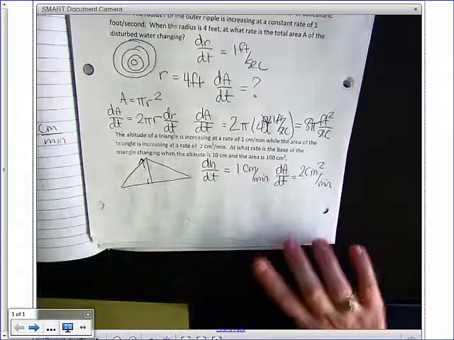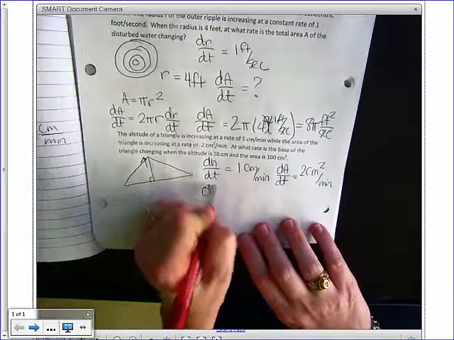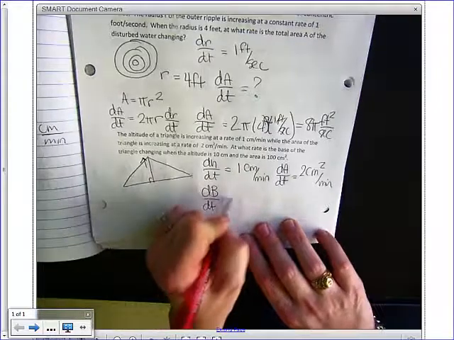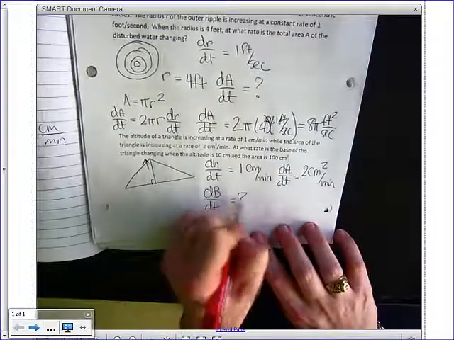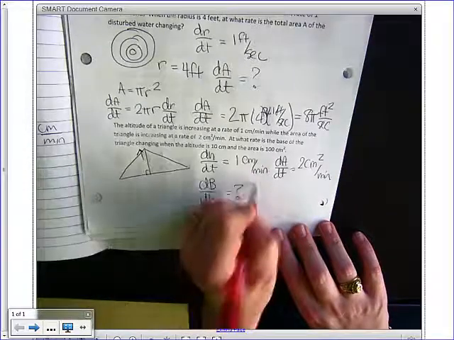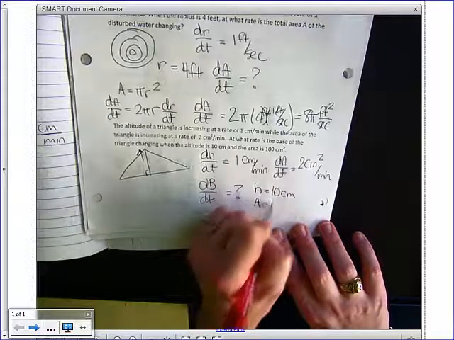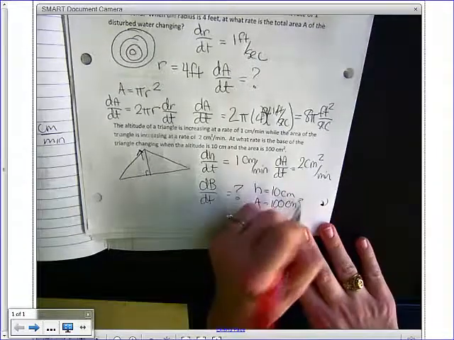At what rate is the base of the triangle changing? So we want to know dB/dt. That's what we want to know. And they told me altitude or height is 10 centimeters and A is 100 centimeters squared.